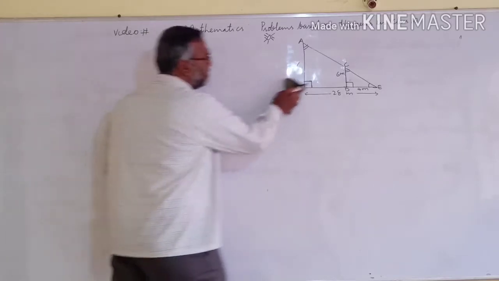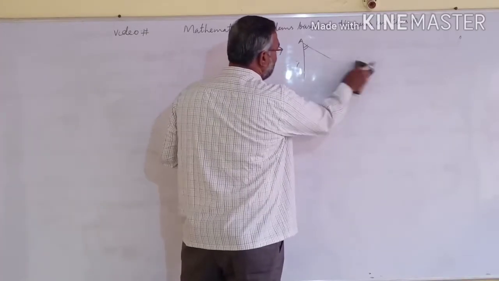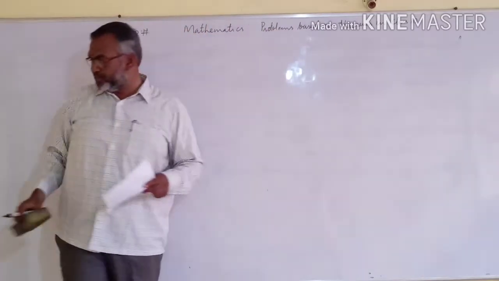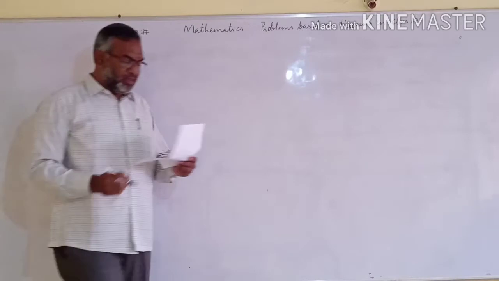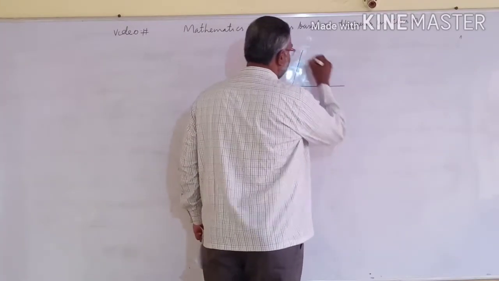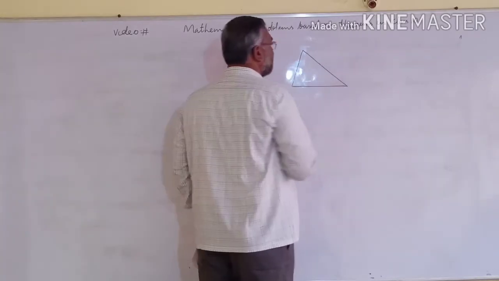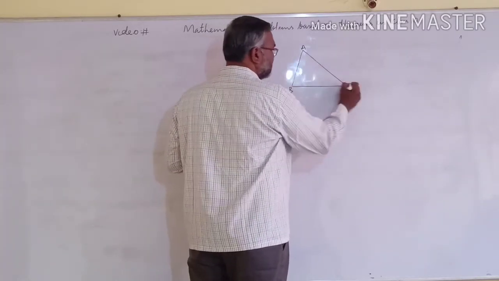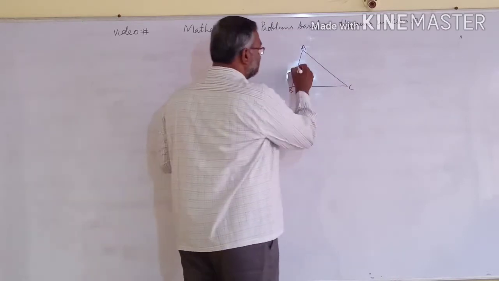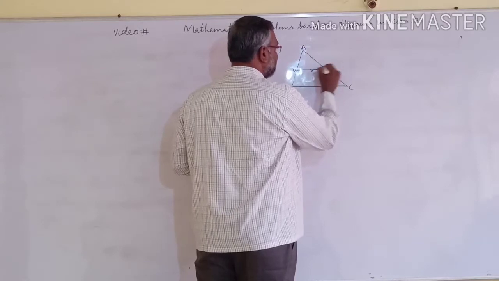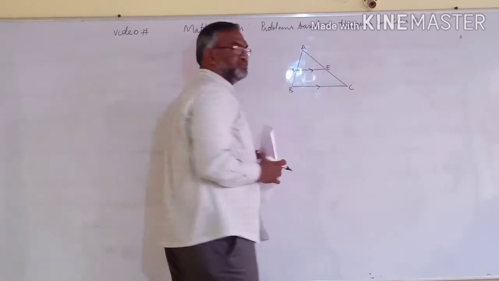Our next problem is also one that came in a previous board exam. A figure is given: triangle ABC, and DE is parallel to BC.